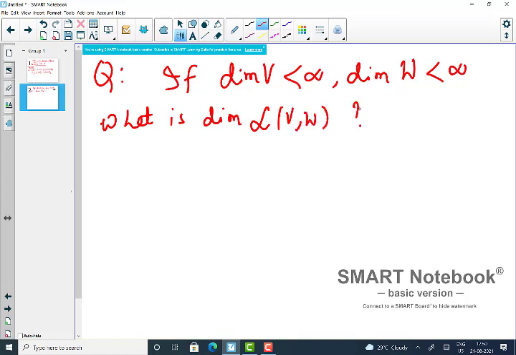To answer this question, we have the following theorem.